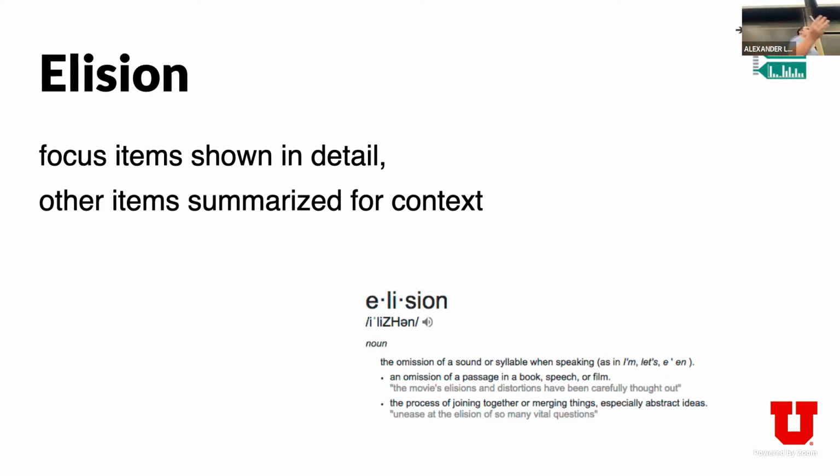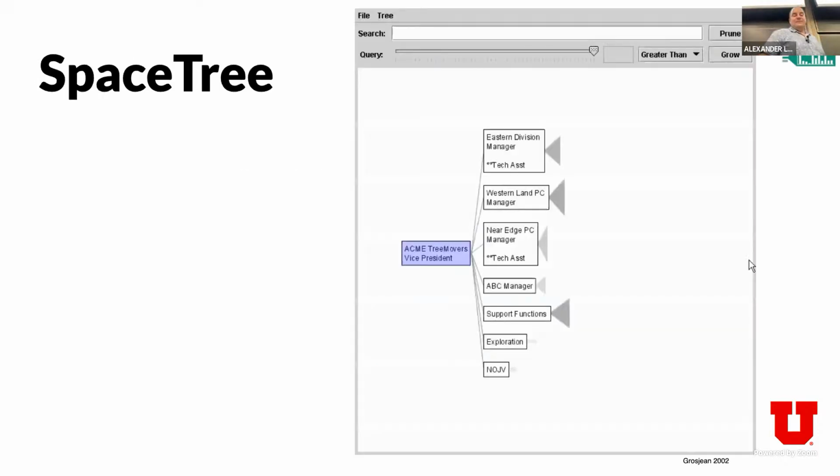Elision is a word that you might not be familiar with if English is not your native language. It wasn't familiar to me until I read this textbook. The idea is that the focus item is shown in detail and other items are summarized for context. One example of this is the SpaceTree technique here.